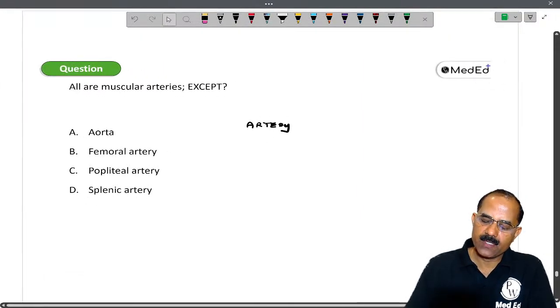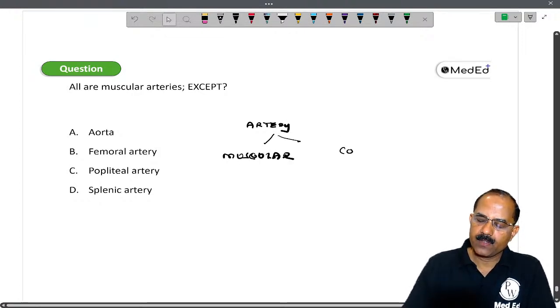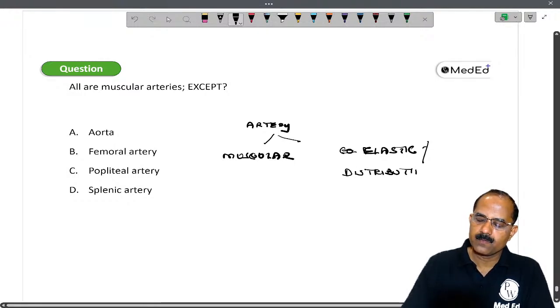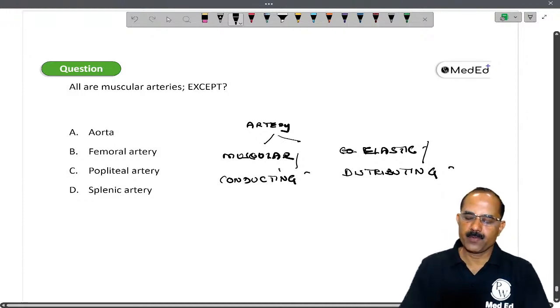One is known as muscular and the other is known as elastic. Elastic artery is also known as distributing. Muscular artery is also known as conducting.